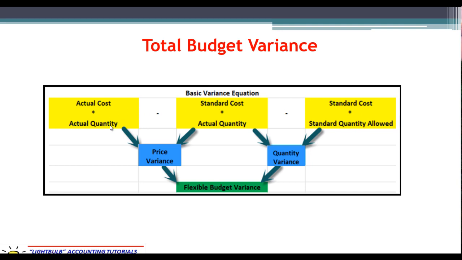So over here, our item that was the same between the two was actual, and that was the quantity. Over in this quantity variance, the two items that are the same are the cost per unit or the price, but they're standard. So one's actual, one's standard. It's just mathematically the way it has to work to be able to add these two variances up to get one total variance.